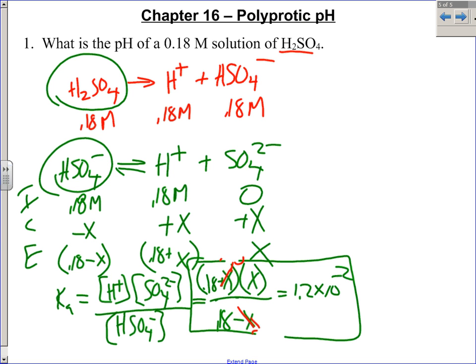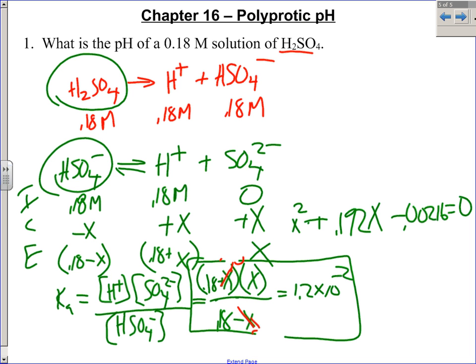And after all of my algebra here, I'm going to be left with x squared plus 0.192x minus 0.00216 equals 0. So this would be my A of 1, my B of 0.192, and my C of negative 0.00216.